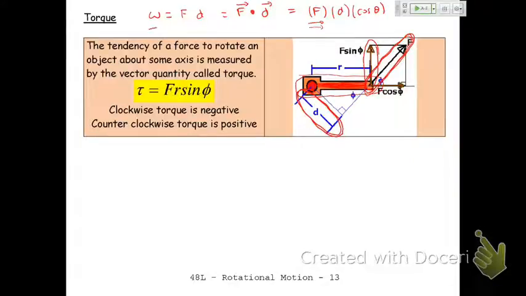For torque, yeah, you can write it down as force times d, but you better be sure what you mean by that. And what we say is this is d crossed with F, and that equals F times d times the sine of the angle between them. So they're not the same, even though this first expression might lead you to think they are the same.